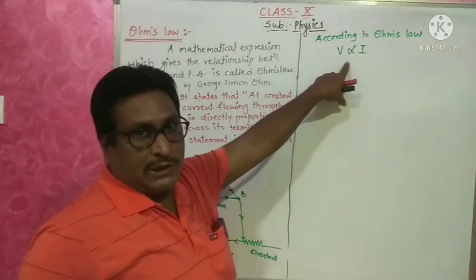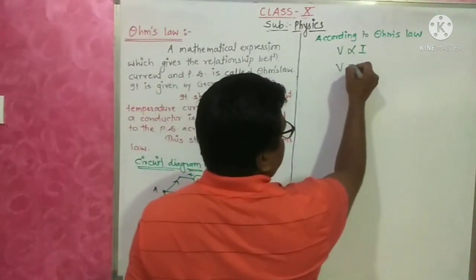To remove the proportionality sign, we take a constant.